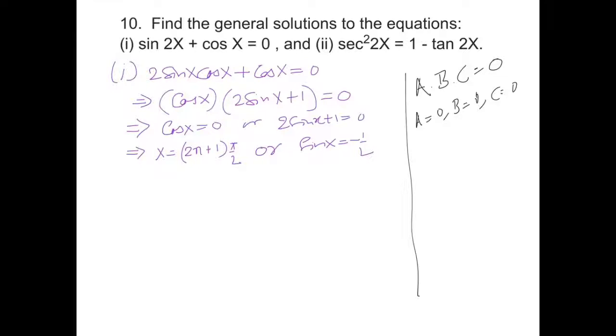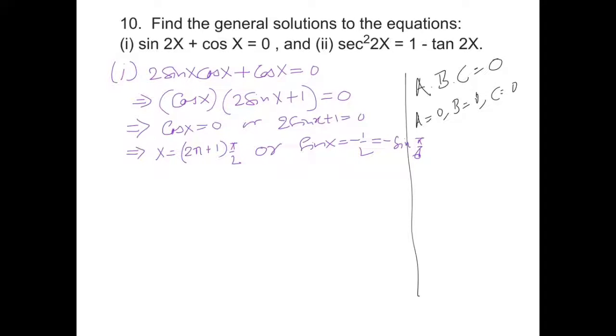And we know that, for example, sine of 30 degrees is 1 by 2. So therefore we can write this as minus half, as minus sine of 30 degrees, which is minus sine of pi by 6, right? And now we need to remove that negative sign because we want to express this in terms of sine x equals sine y.